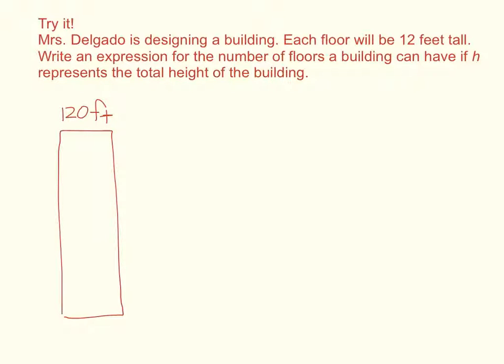Because if it's 120 feet tall, and each floor is 12 feet, how many floors is she going to be able to make? The answer would be 10, right? Because we are taking this number and dividing it by 12. So whatever our height is of the building, we're dividing it by 12 feet to give us our number of floors.